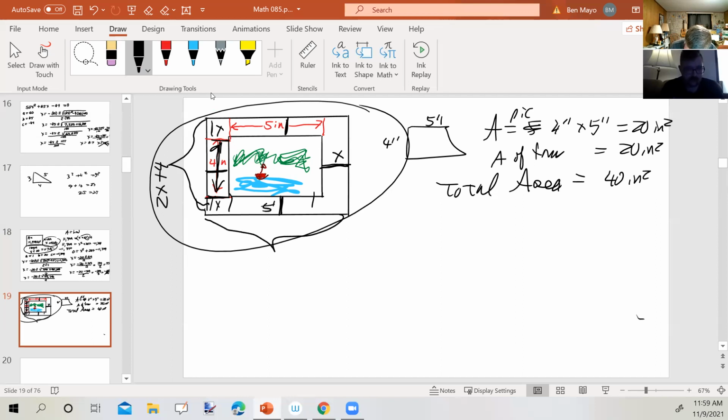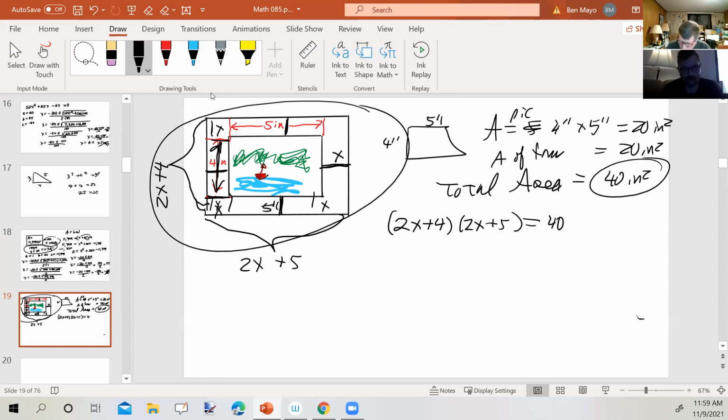From here to here is 5 inches. This is X and this is X, so this is 2X plus 5. So the dimensions of the whole thing, the outside, is 2X plus 4 times 2X plus 5. And that equals a total area of 40 square inches. So there's our formula: 2X plus 4 times 2X plus 5 equals 40.